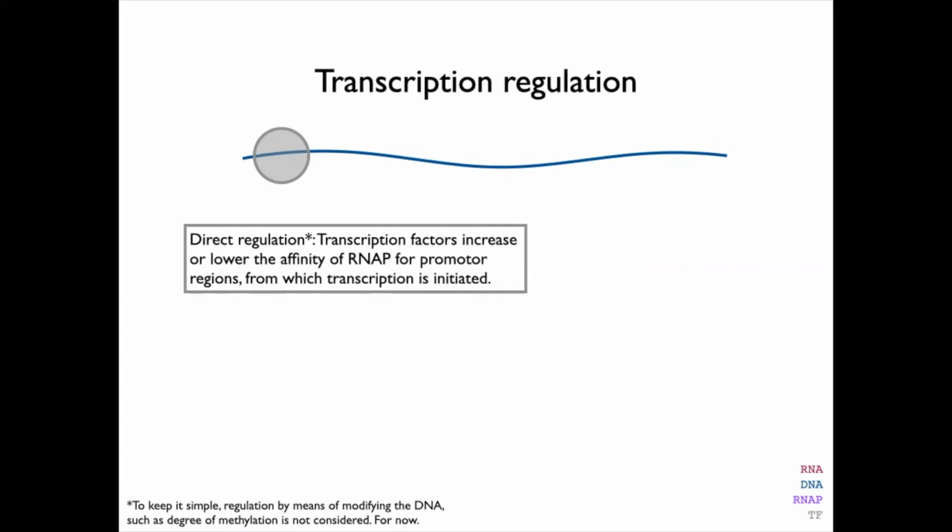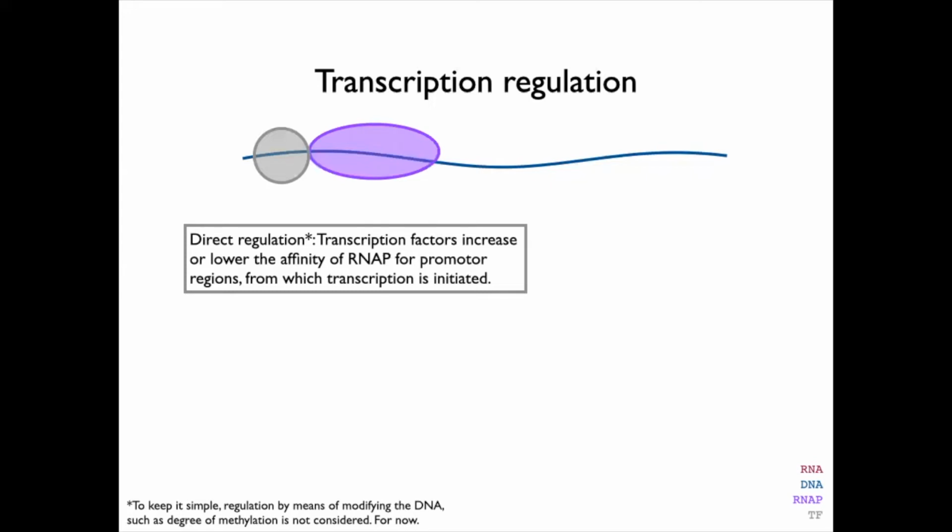RNA polymerase binds to a specific site and then starts making the RNA. This is also usually very specific. And these transcription factors can either enhance the affinity of the RNA polymerase for that particular transcription site, or just bind on top of the transcription site and completely block it. So that's the direct regulation.